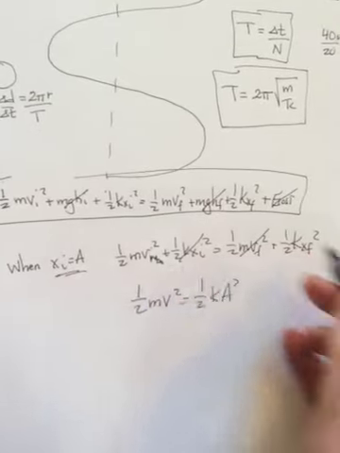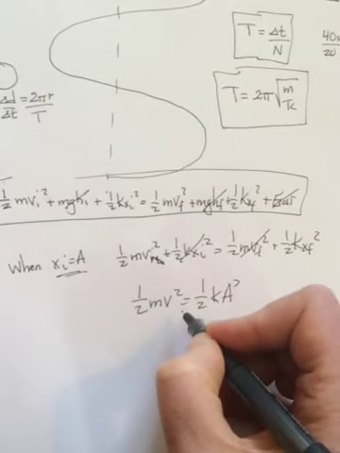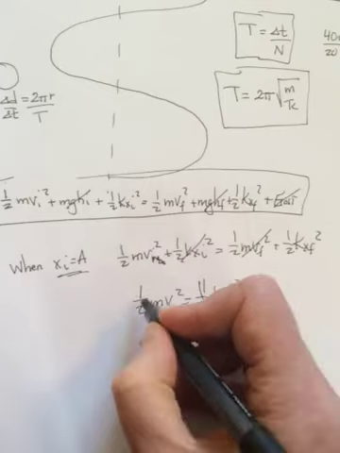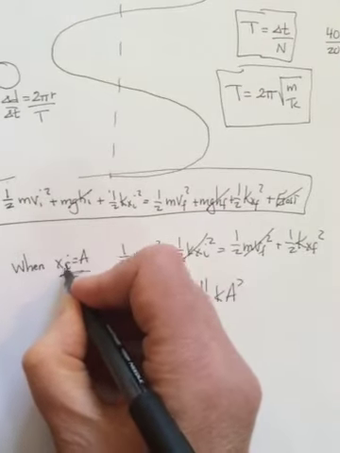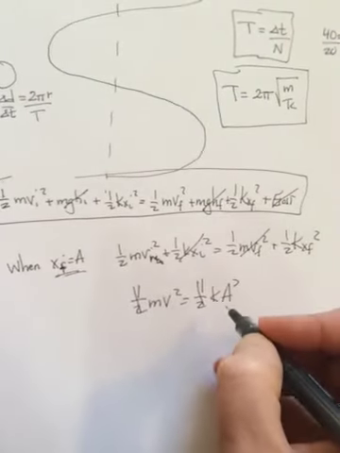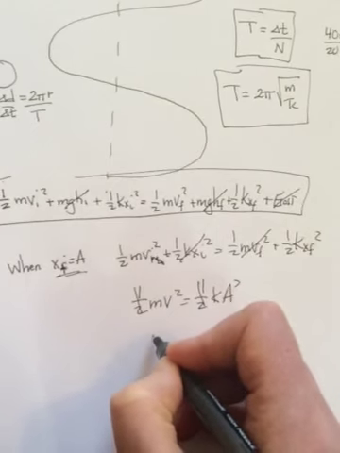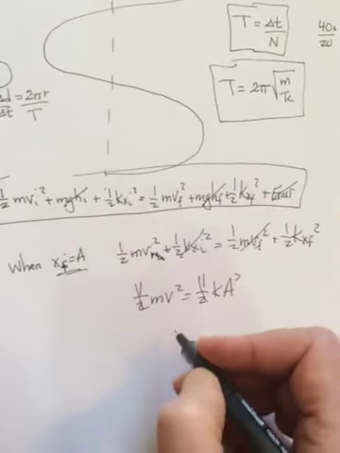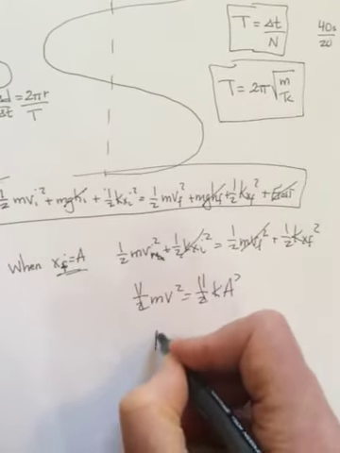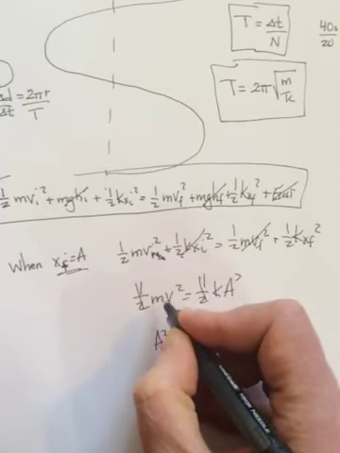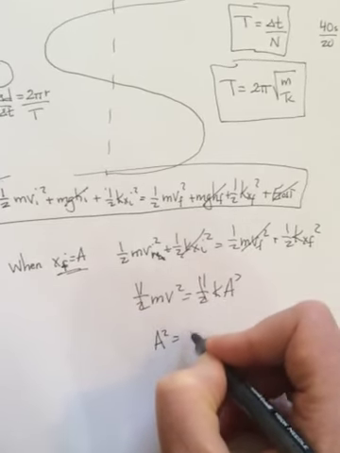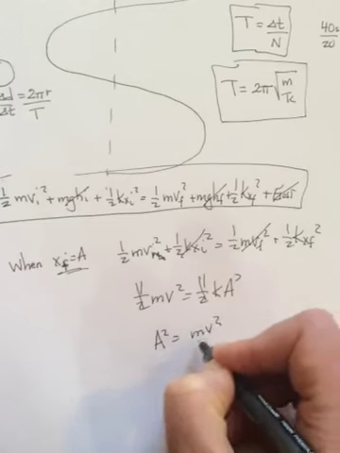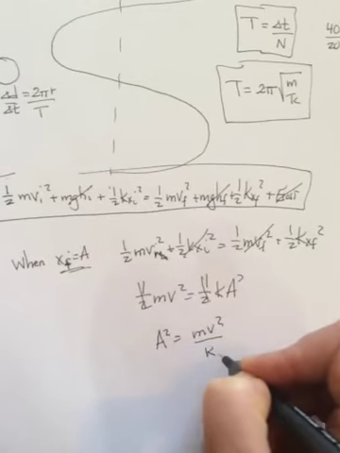Oh, and I think I switched the sides. Sorry about that. It doesn't really matter. Halves go, and if I rearrange this, then for a squared, I would have m v squared over k.